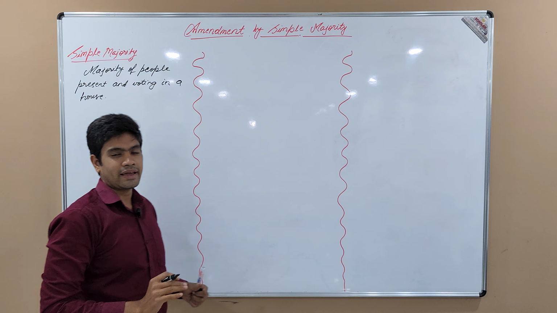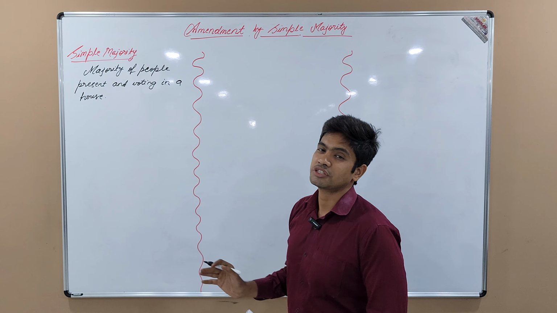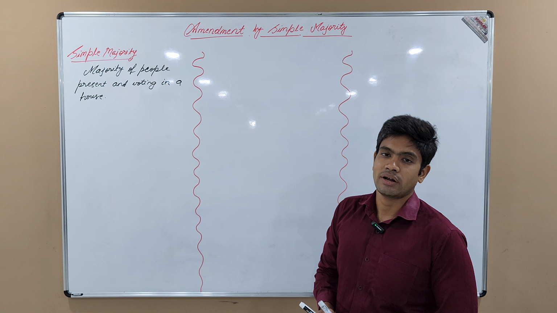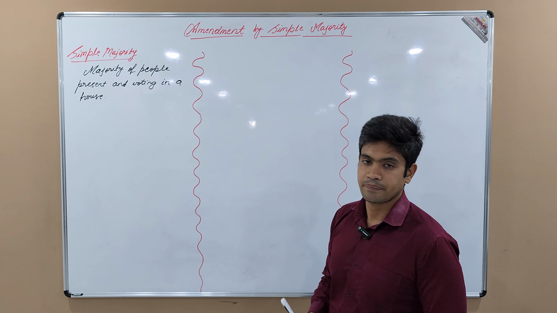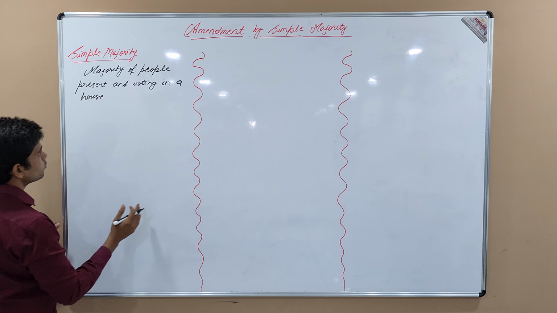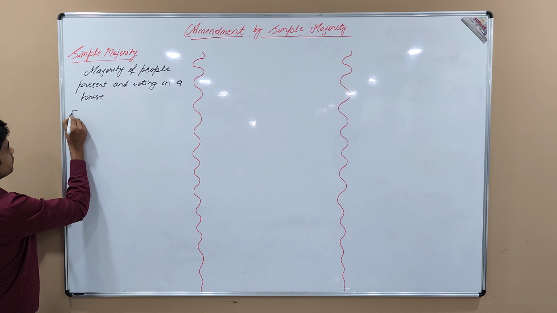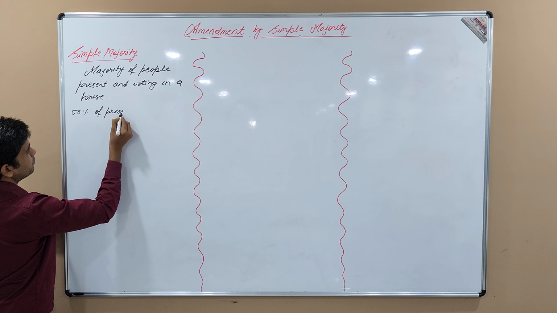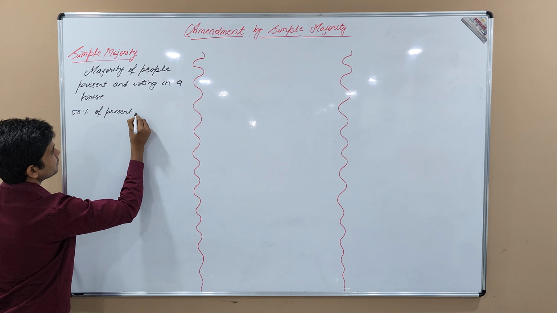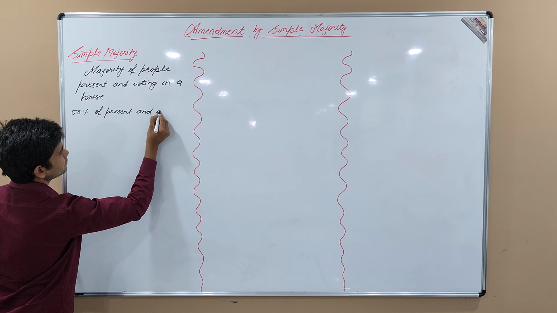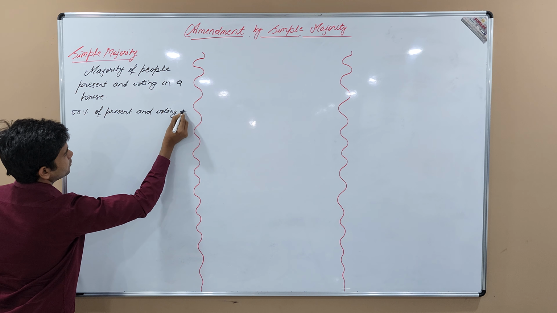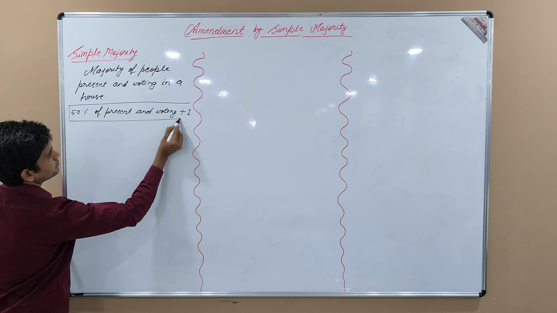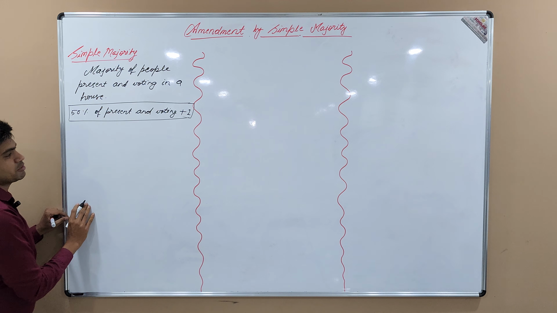In other words, I can also say that 50% of the people who are present and voting plus 1 is called the simple majority. In the form of a formula, it can be written as 50% of present and voting plus 1. This is called simple majority.